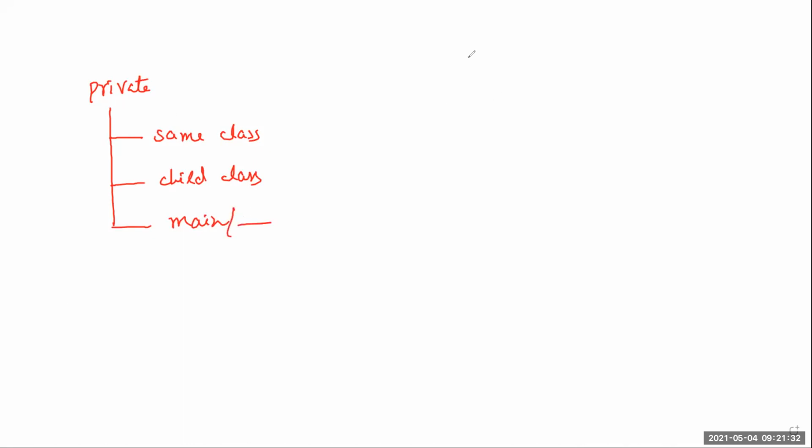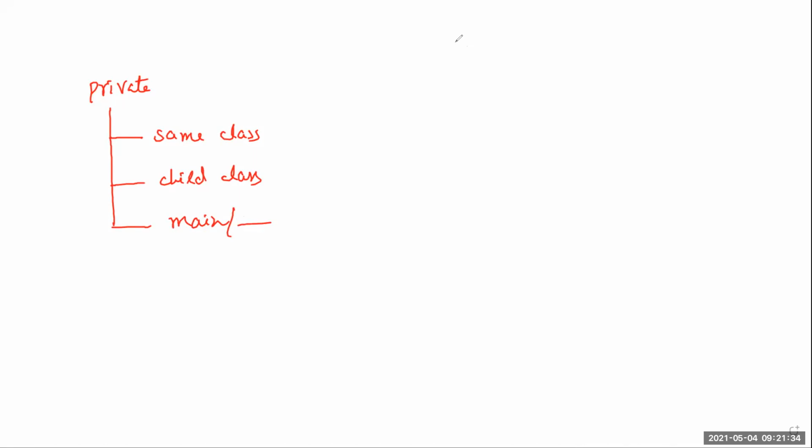We just said that if something is private, where can we access it? There are three different places: we can access it in the same class, can we access it in the child class, and can we access it in the main? These are the three possibilities, and when I say main, I mean any other class, using the dot operator.